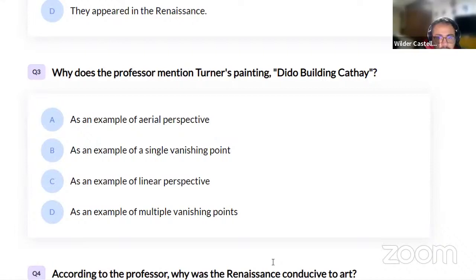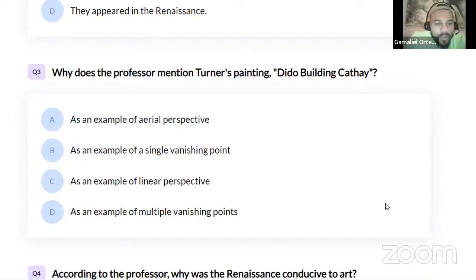D. I say D. You say? D. D, okay. Yeah. D and ready? Multiple vanishing points. Yeah.